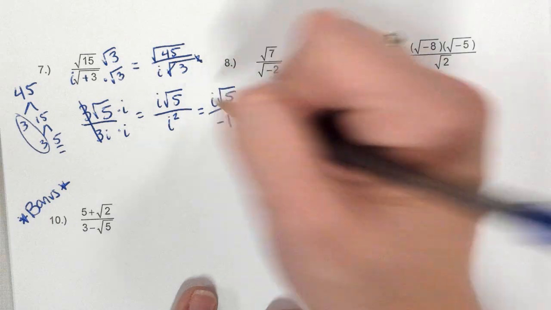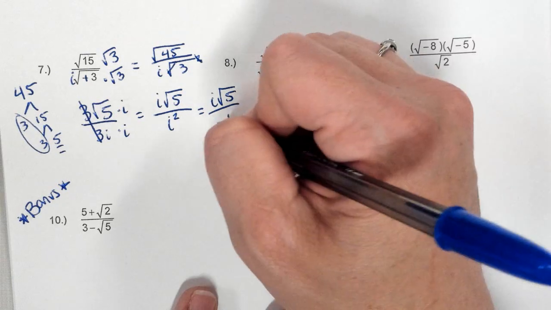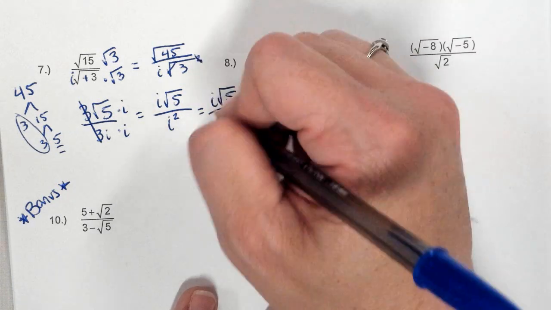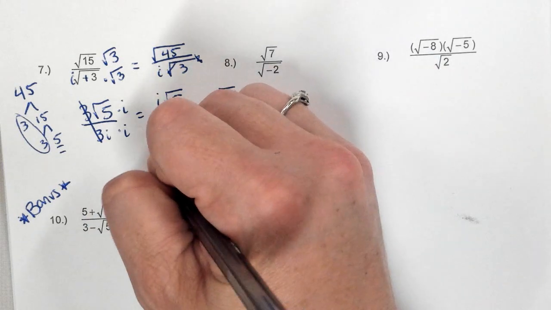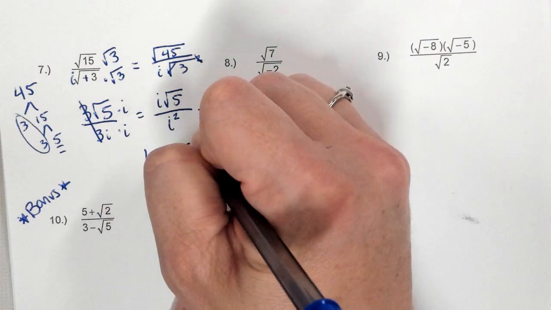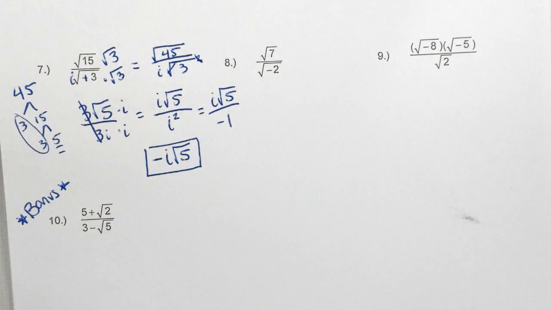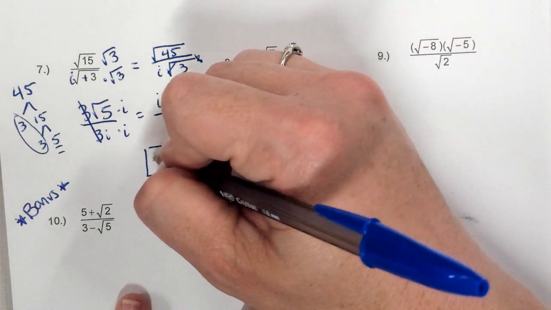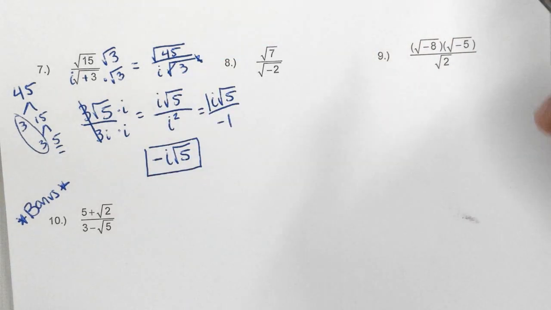Can negatives move up? Can I move that negative to the top and it's still negative? Yeah. And then anything divided by 1 is just itself, right? So negative i root 5. I don't need that 1 in the bottom anymore because I moved my negative up. You could also put a 1 here, and 1 divided by negative 1 is just negative 1. So it's the same concept.